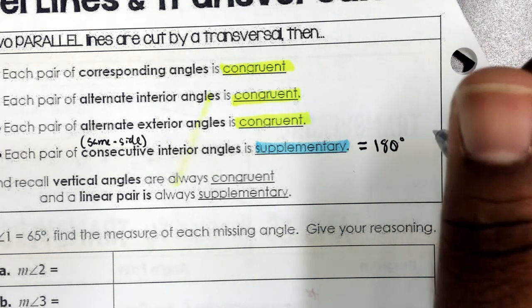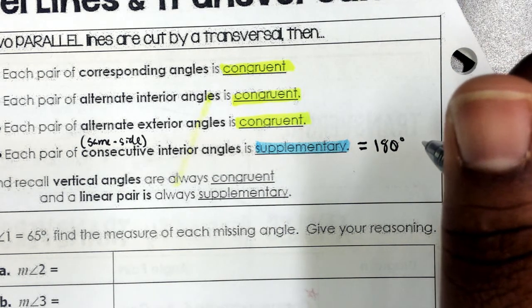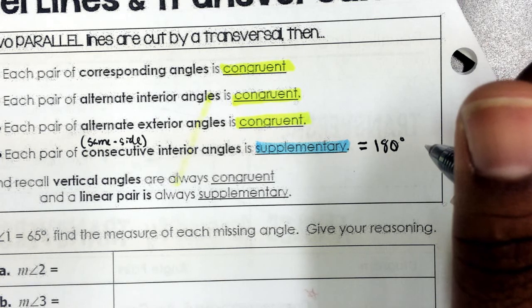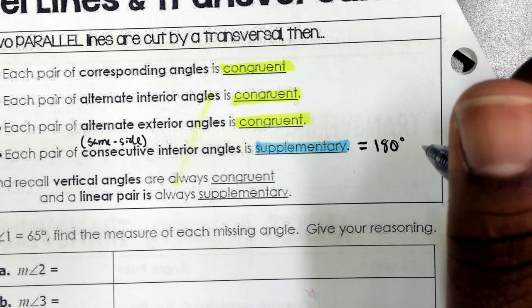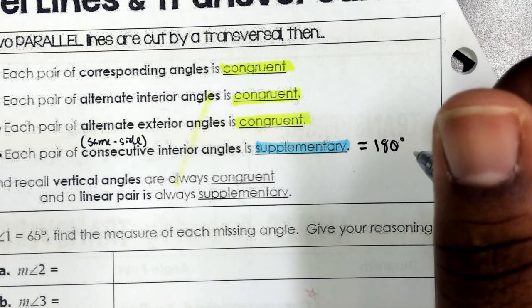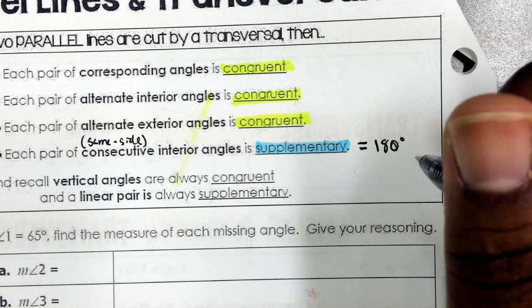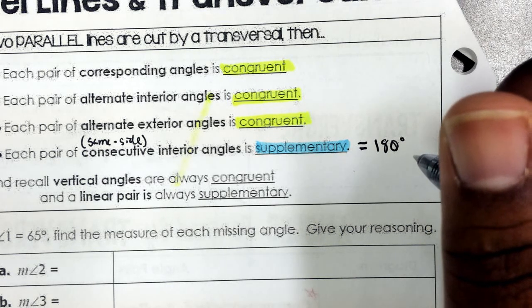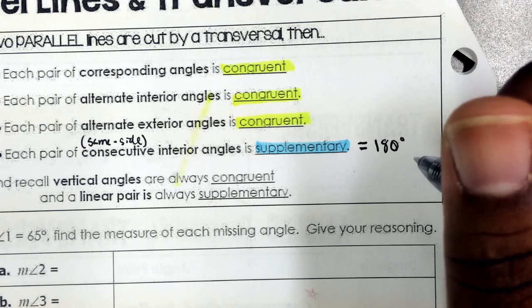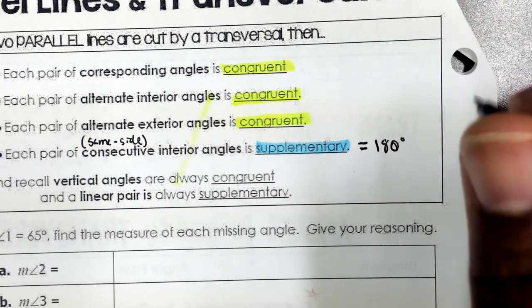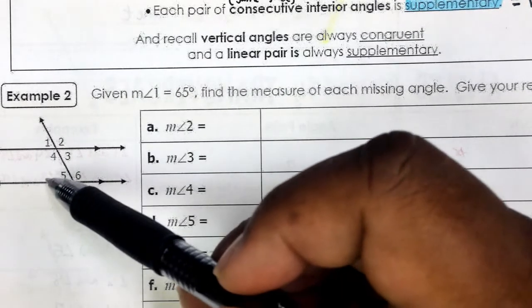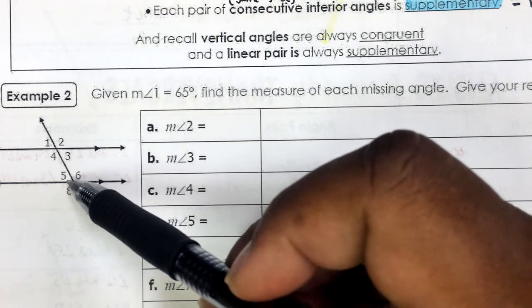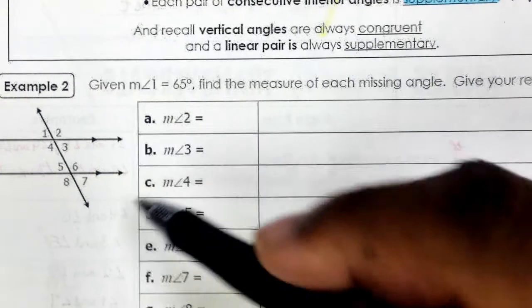Do supplementary angles always have to form a straight line? No. I've told y'all that. And on here you're going to see that the supplementary angles won't always form a straight line. For example, they say consecutive angles are supplementary. That means on this figure right here, angle 4 and angle 5 are supplementary.